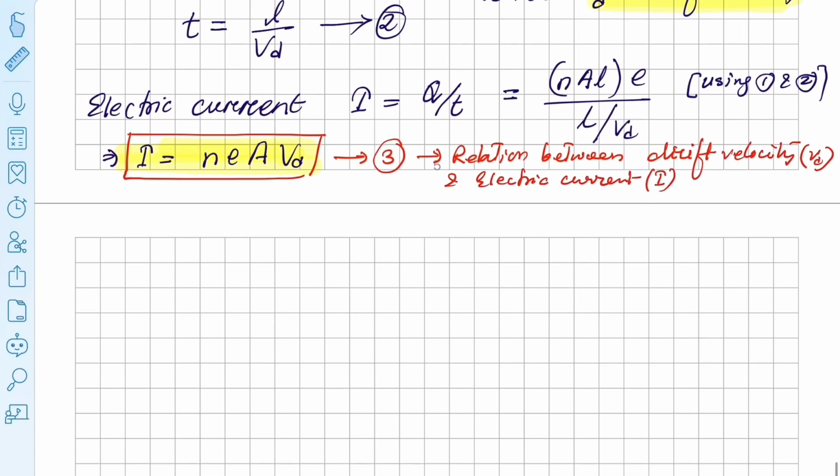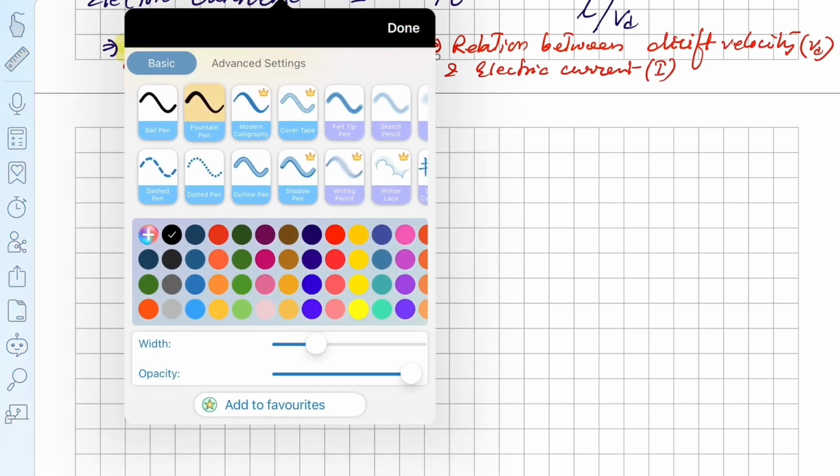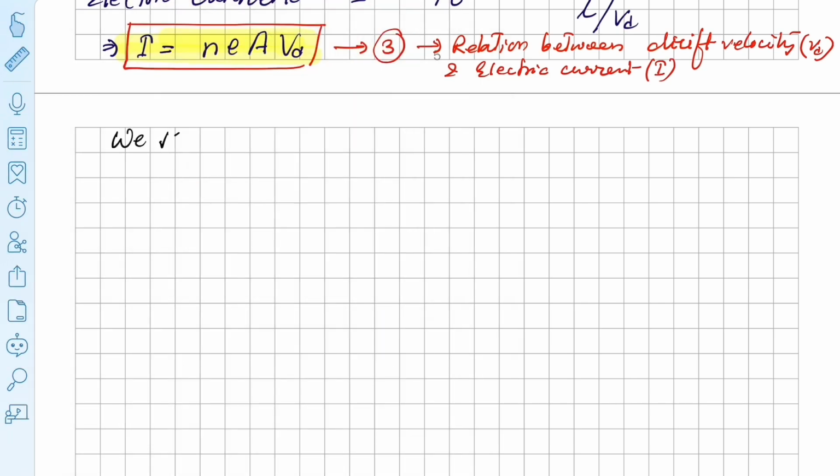Now what will be the relation between this electric current and electric field? Let us obtain that also in terms of mobility. Now we know that mobility mu is equal to Vd by E. We know this relation; in the last lecture we have already discussed it.